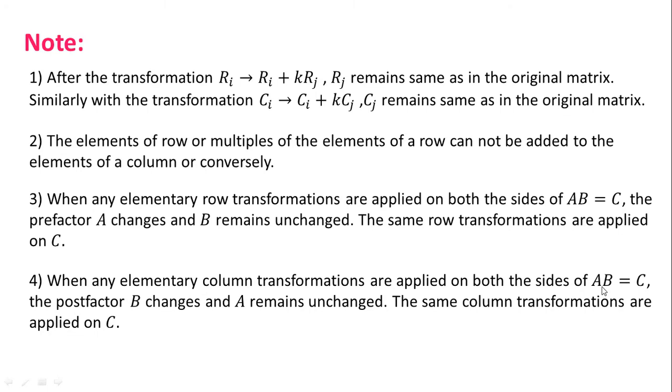And in case of column transformations, the postfactor, that is B here, changes and C also changes, with no change in A. So this is very important. Properties number 3 and 4 are very important.